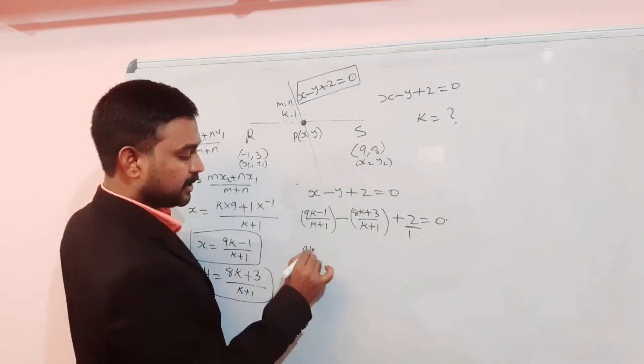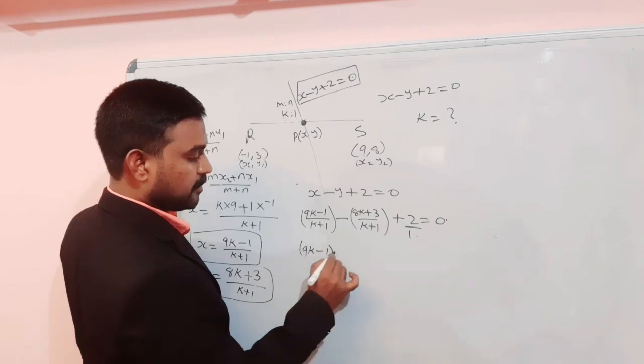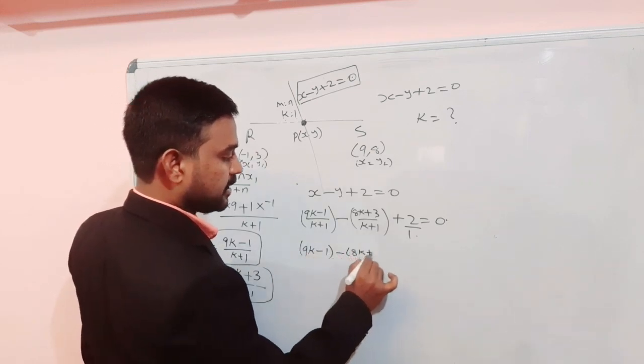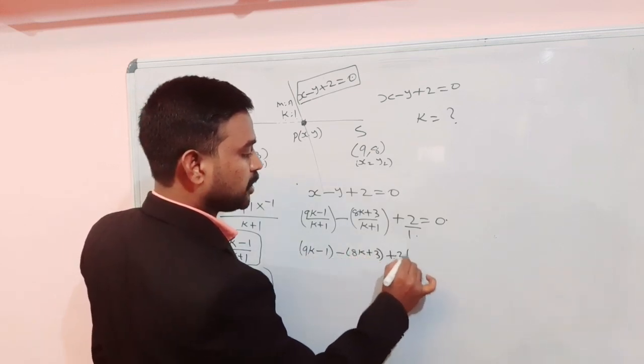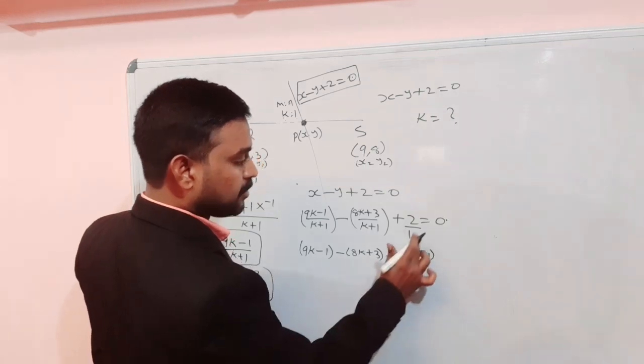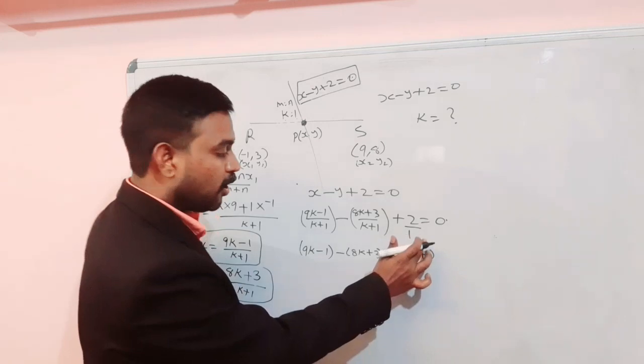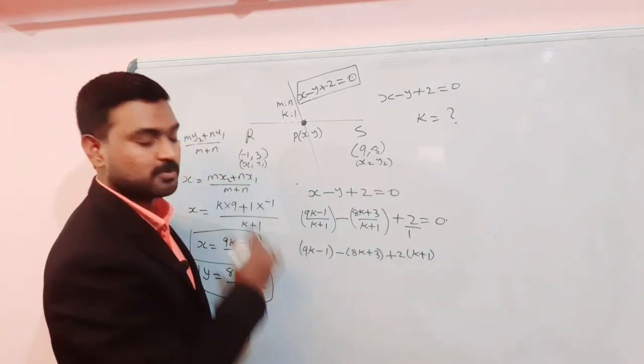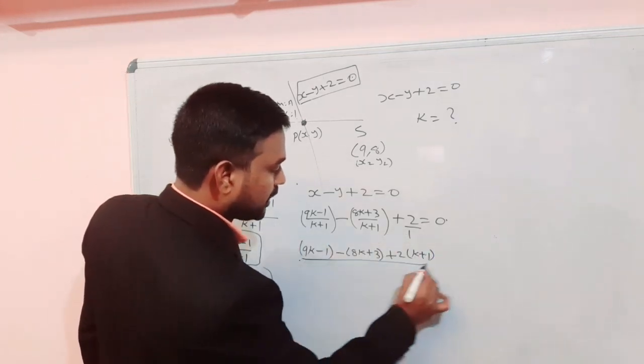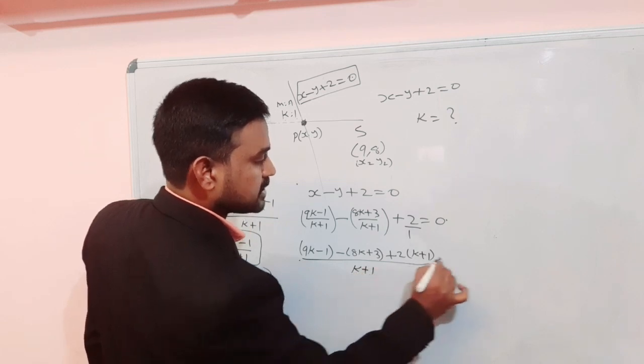So our equation will become 9k minus 1 minus 8k plus 3, and here plus 2 into k plus 1. The same k plus 1 is multiplying on the denominator. So all the denominators will be k plus 1, so all divided by k plus 1, which is equal to 0.